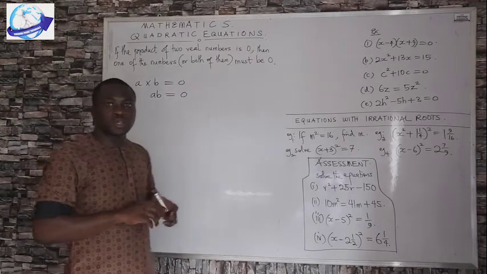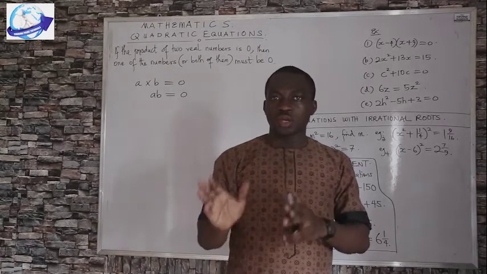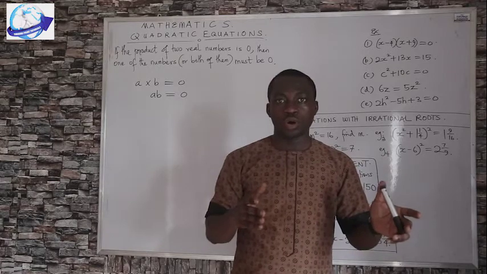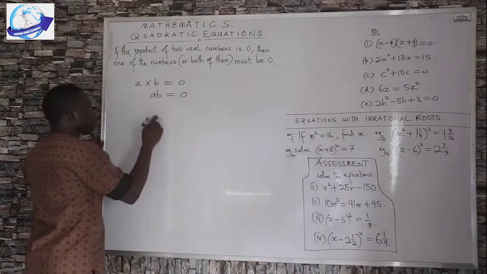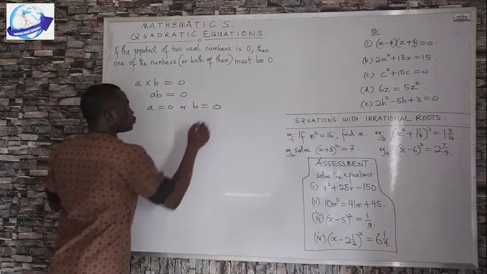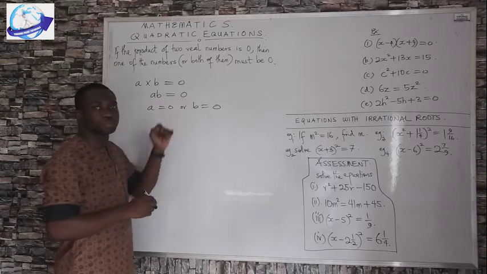So, meaning that since A and B multiply, then A could be 0, B could be 0, or both of them must be 0. Alright, so A is 0 or B is equal to 0. Why? Because these two multiply and equate to 0.